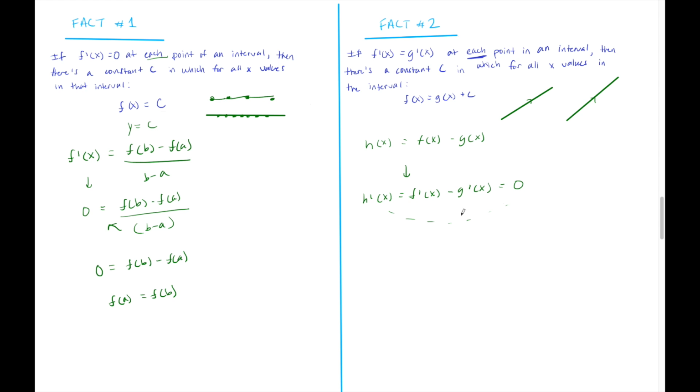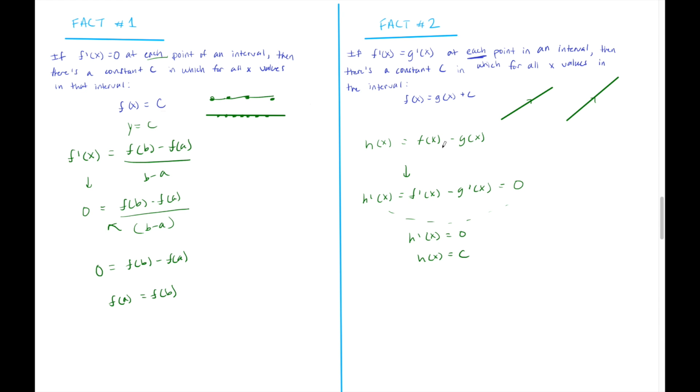Hence h prime of x must also equal 0. Now this is where we refer back to fact 1, where we realize that if the derivative is 0 at every single point, then the original function would be equal to c. So that means h of x is equal to a constant, which makes sense because the derivative of a constant is always going to be 0.